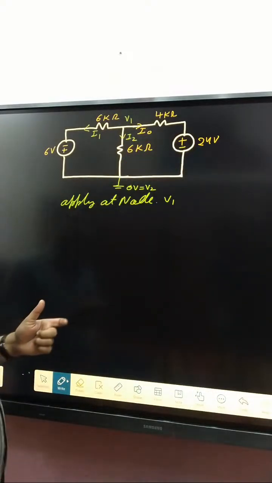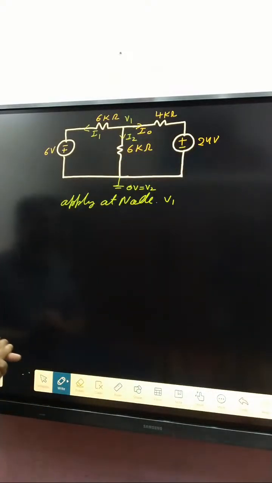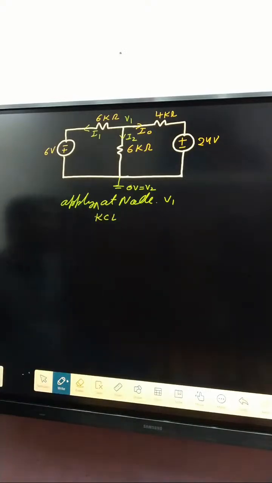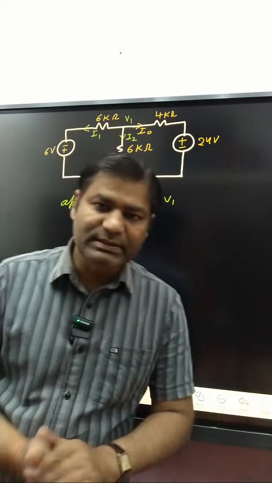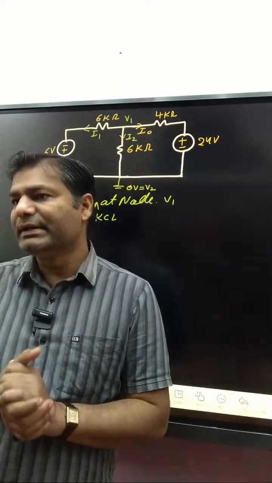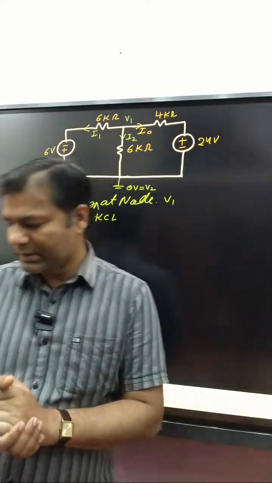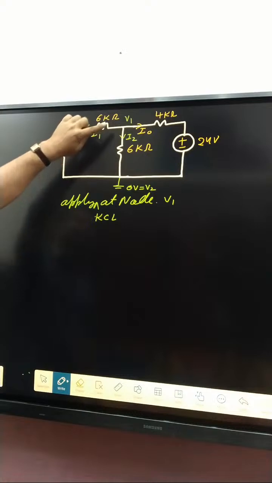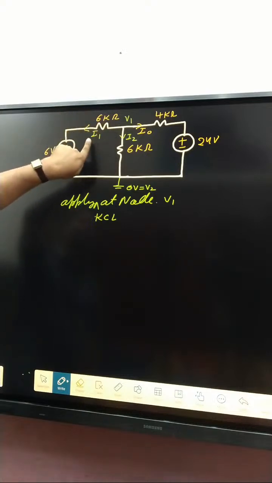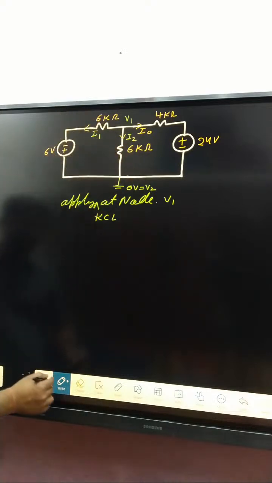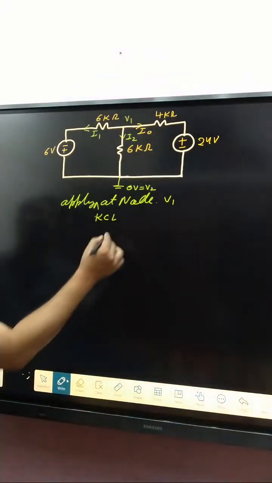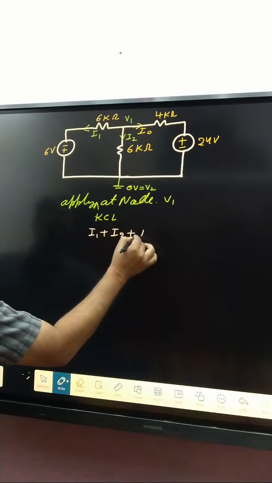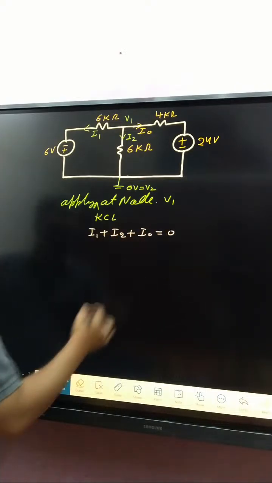KCL says the sum of incoming current is equal to the sum of outgoing current. The sum of incoming current at that node is 0. Outgoing currents are I1, I2 and I0. So I1 plus I2 plus I0 is equal to 0.